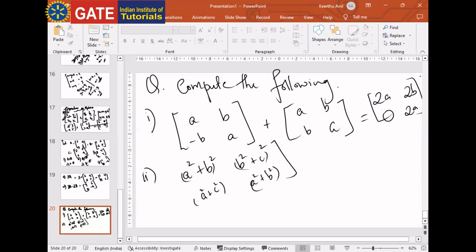So this forms as one matrix. Now plus second matrix 2AB, 2BC, minus 2AC, minus 2AB. Can you go for finding it? Just try doing it.